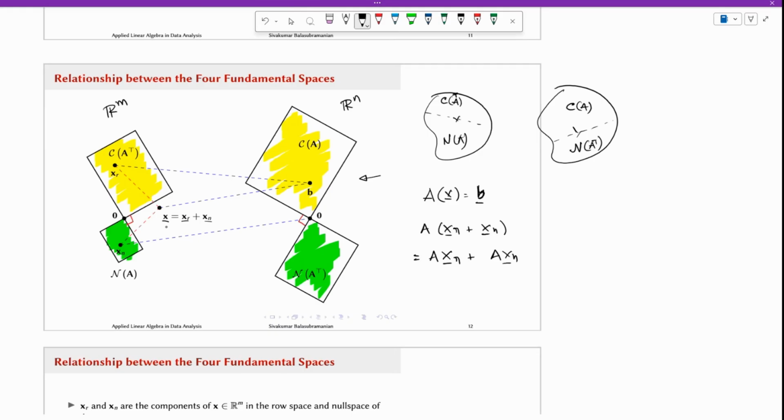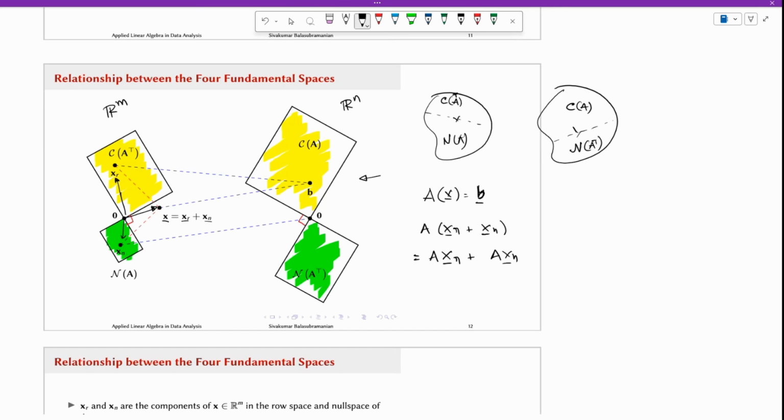Okay, so that's what I've written here. So this is your original vector x. This point is the origin of Rm. It has two components, the xr component and the xn component. If you add them together, you get your original vector x.